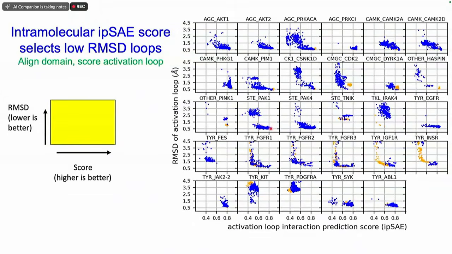High scoring models on our ipSAE score have good RMSDs. So it says that our ipSAE score is useful. We apply this only to the active models, but some of the active models are not so good. They don't score very well. The best scoring active models in the activation loop also look a lot like the experimental structures of the same kinases.